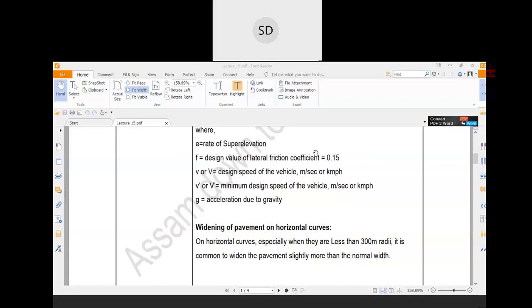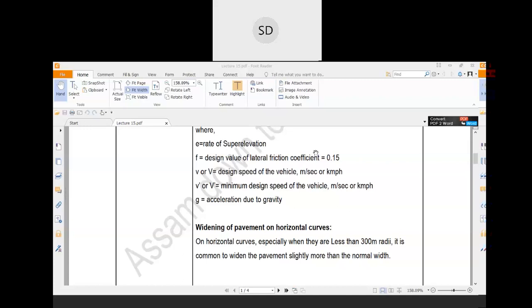For the transverse skidding effect, if the width of the horizontal curve is the same as your actual road, and lateral skidding happens, there is a chance that the vehicle will go out of the pavement. So in such cases, you need to provide some extra width of the pavement. That is called extra widening. And another case is, suppose some vehicles are moving in the horizontal curve.